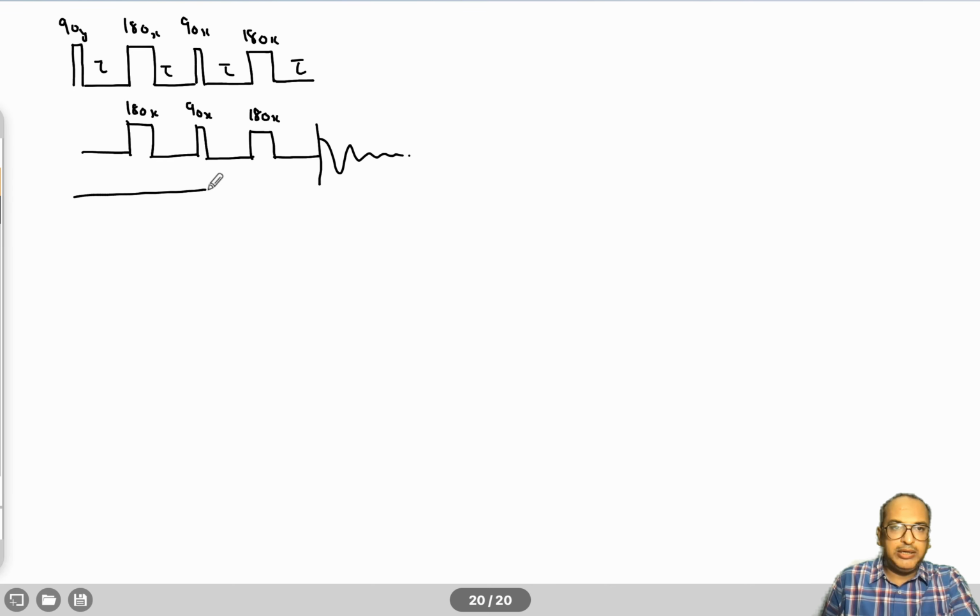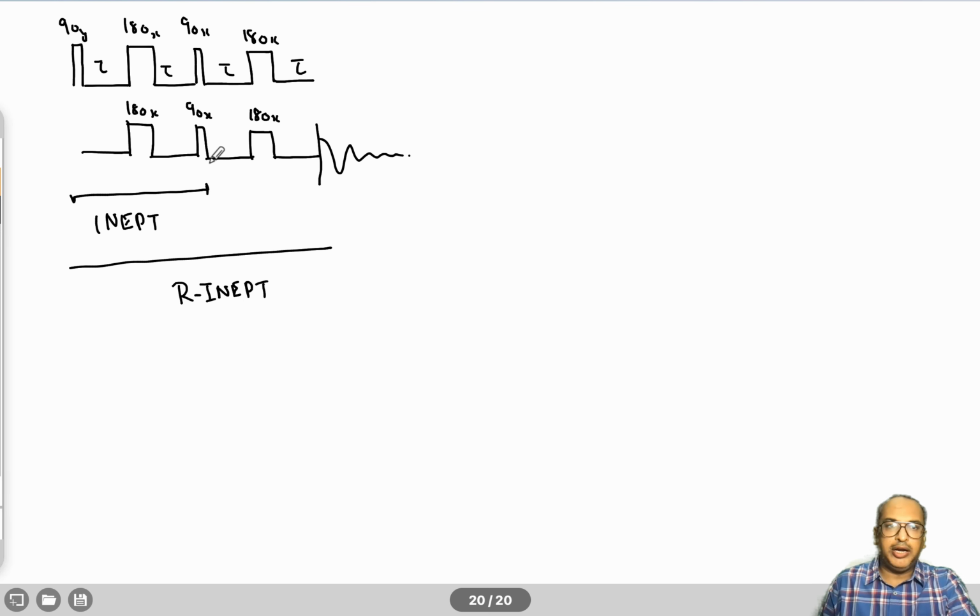While this part is called INEPT, insensitive nuclei enhanced by polarization transfer, this complete part is called RINEPT, or refocused INEPT, because we are refocusing the antiphase component, which comes here back to in phase component. Okay, so now let's see what do we get here.